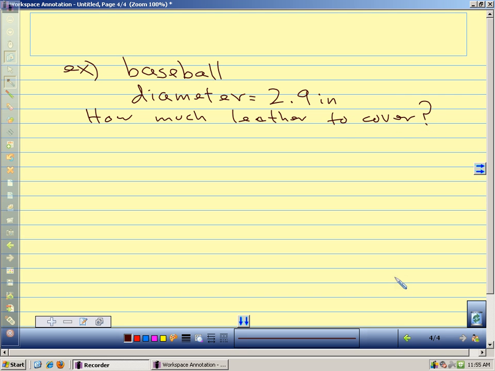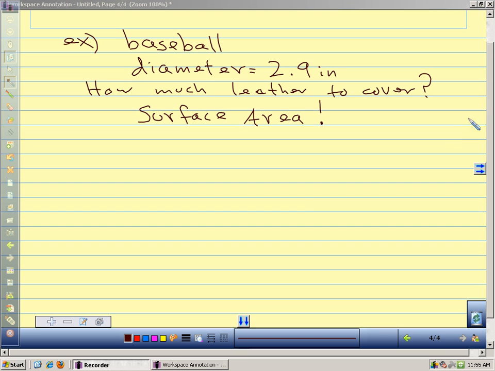So we're making a baseball. The diameter is 2.9 inches. We want to figure out how much leather would cover it. So if we're talking about covering it with leather, what quantity are we wanting to measure? Surface area. We need the surface area. So we want to find the surface area of this baseball to figure out how much leather we need to use. So our surface area.